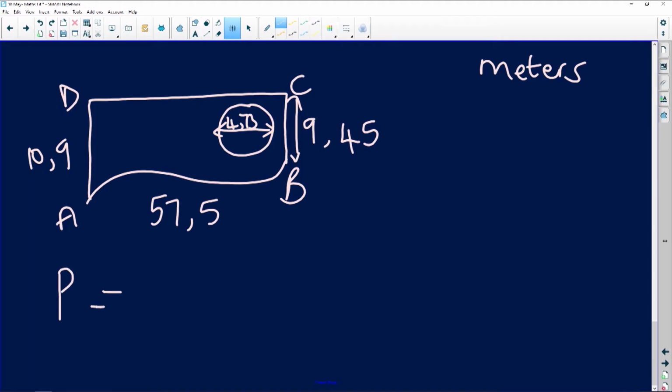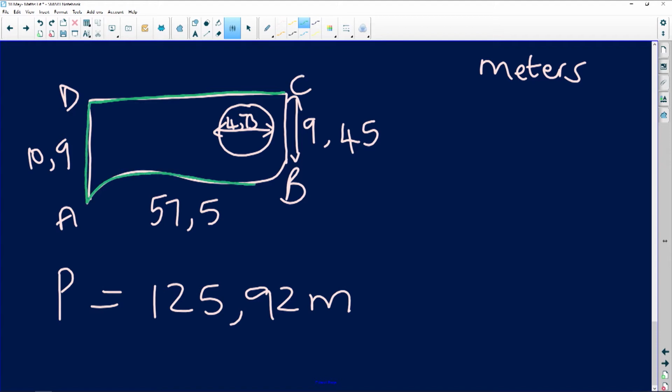So now we are told that the perimeter of this particular fence is 125.92 meters. What is perimeter? Perimeter is the distance around any shape that you have been given.